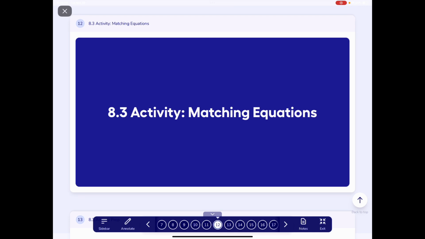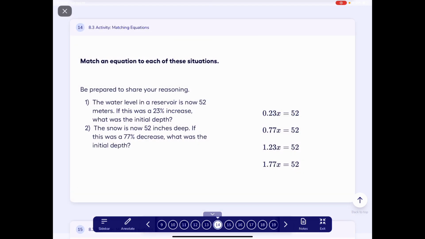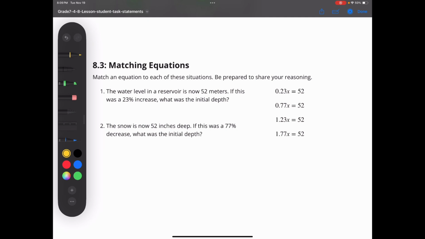Activity 8.3, matching equations. Match an equation to each of these situations. Be prepared to share your reasoning. Number 1, the water level in a reservoir is now 52 meters. If this was a 23% increase, what was the initial depth? For this problem, I would focus on the increase or decrease part. So this is increasing.